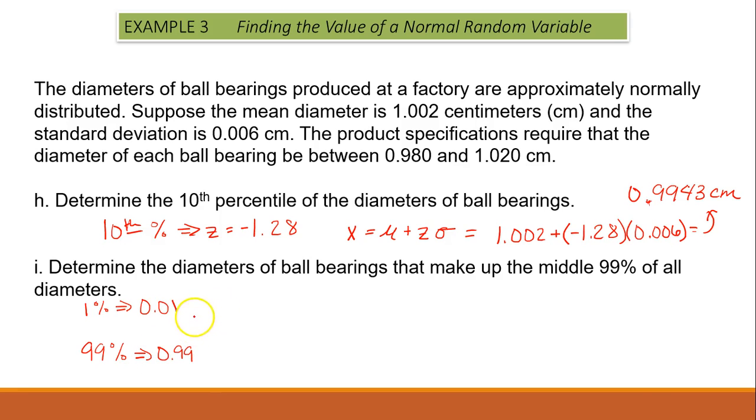We're going to look for their corresponding z-scores on the table, just like we did up here with that one. And when we do that, we get these z-scores here.